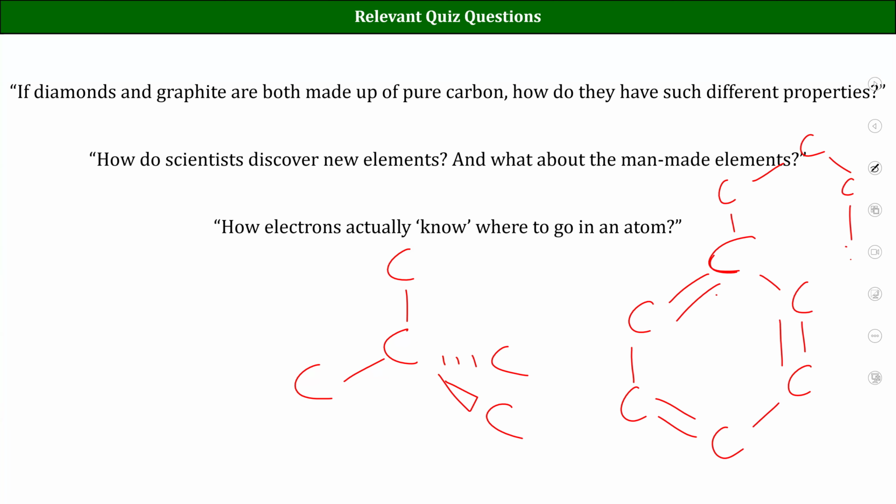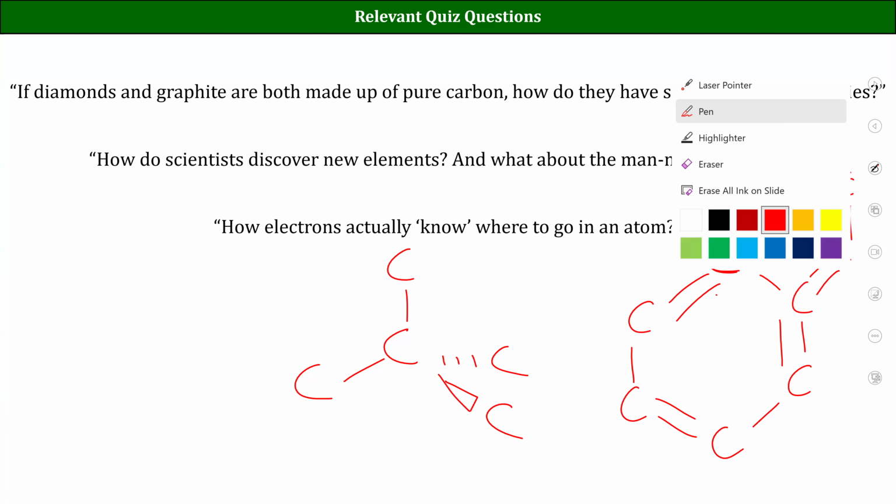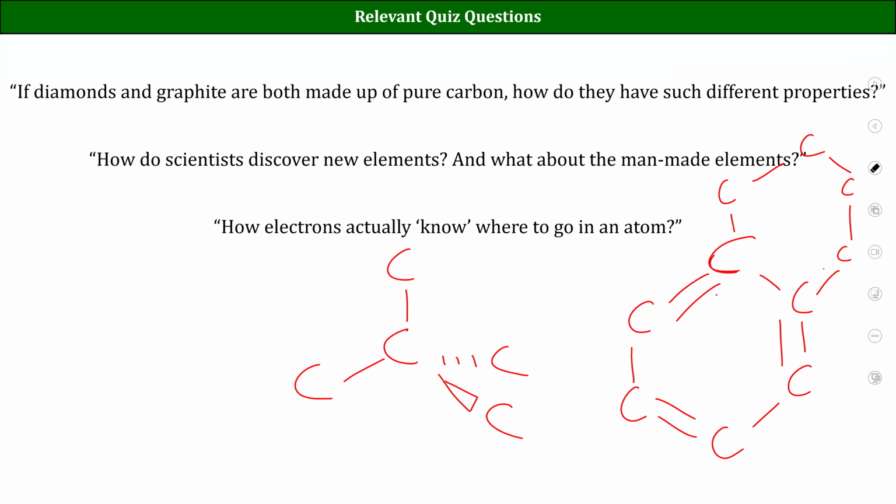So we get a bunch of flat... That doesn't work. I put the double bonds in the wrong spot to show this properly. But basically you wind up with these big sheets of carbons that are all flat because all the carbons are trigonal planar instead. That changes the electrical properties and the physical properties, because those sheets are all pretty strong, but they're not connected to each other very well.